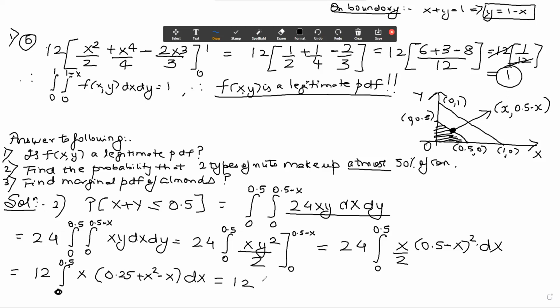This makes it 12 times integral 0 to 0.5 of 0.25x plus x cube minus x square times dx.